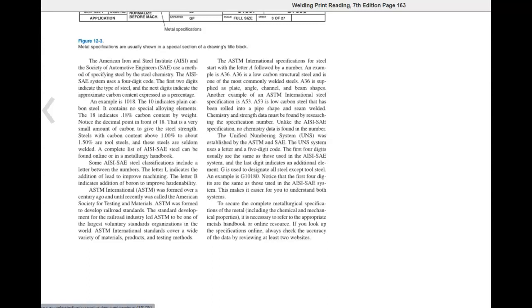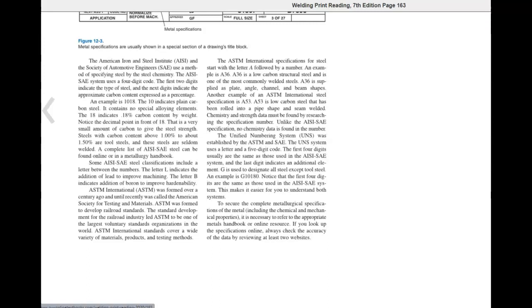Notice the decimal point is in front of the 18. That is a very small amount of carbon to give the steel strength. Steels with carbon content of 1% to about 1.5% are tool steels, and these steels are seldom welded. A complete list of AISI or SAE steel can be found online or in a metallurgy handbook.